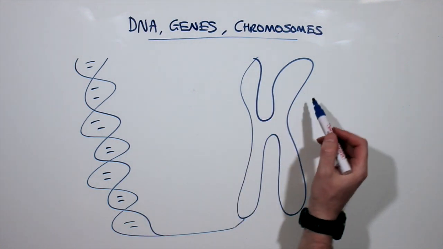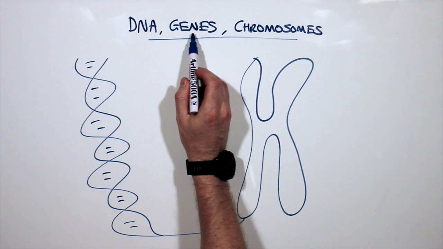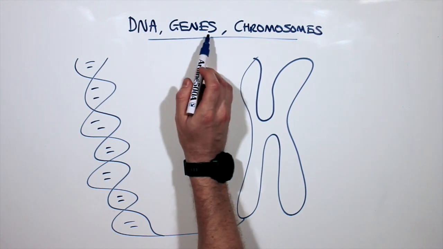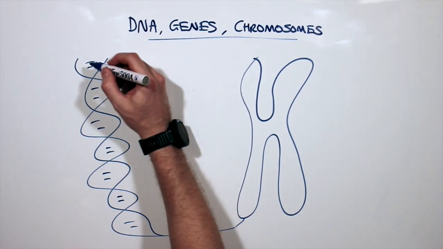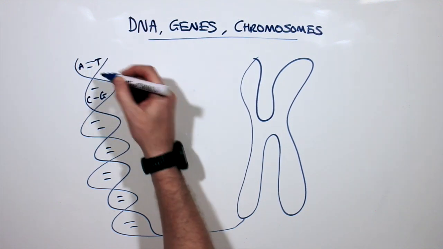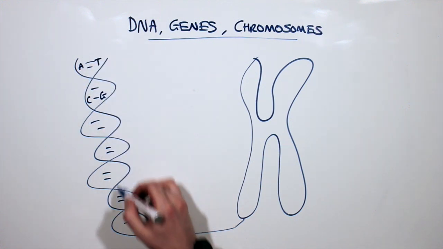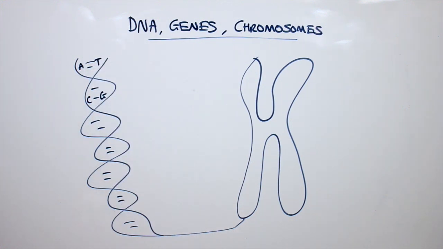Before we move on to understand more about this chromosome, I quickly want to cover what a gene is. Now, you know at this stage that in the middle of our DNA double helix, we've got A, T, C's and G's, and you'll find them throughout the DNA molecule.